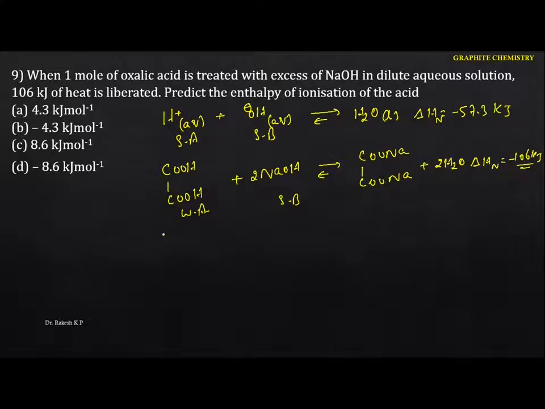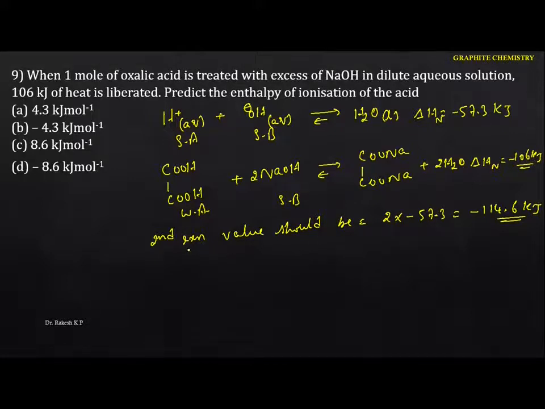For the second reaction, the value should be 2 into minus 57.3, that is equal to minus 114.6 kilojoule. So because it is a dibasic acid, if we consider this will be the strong acid and the base, the value should be this one. But what is the value we got? That is 106 kilojoule.